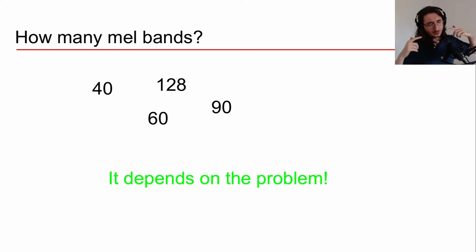And one thing that's a little heuristic here is that if you think about the number of notes, for example, on a piano keyboard, that is 88, right? That is kind of the way we tend to resolve frequencies and represent them. Now, the idea of a Mel band is a range of frequencies that are perceptually relevant.